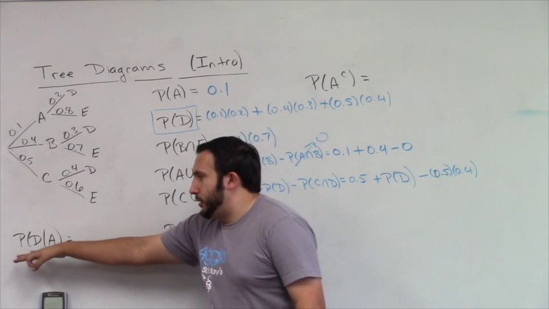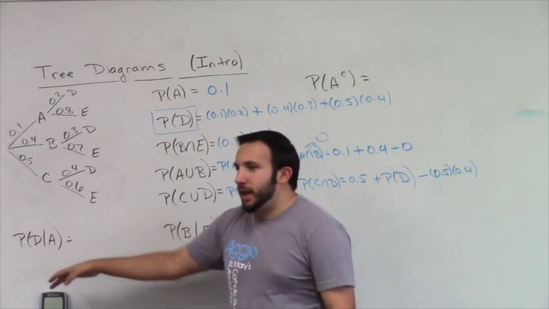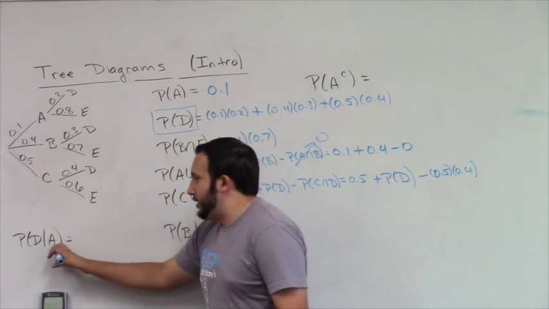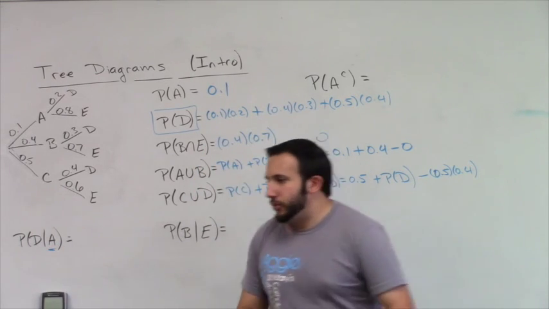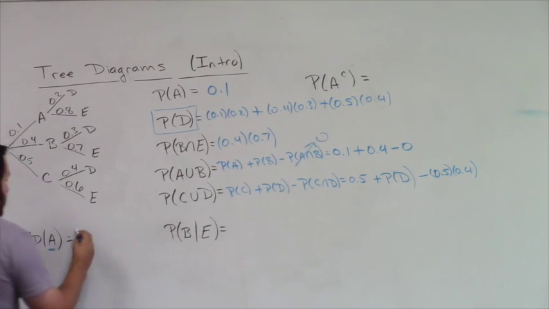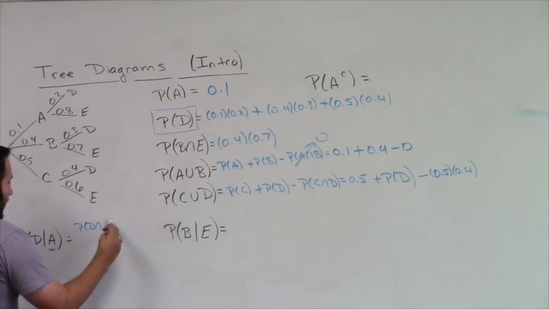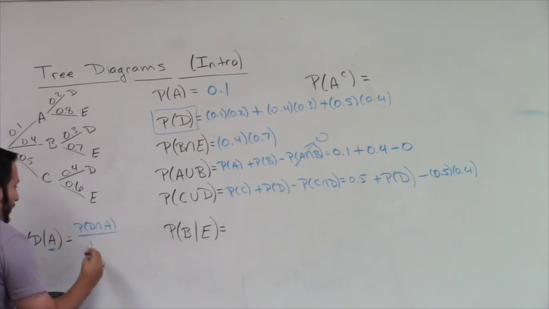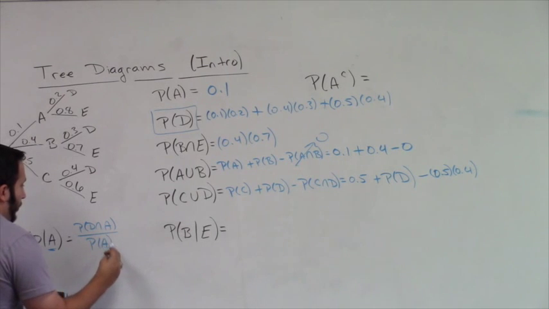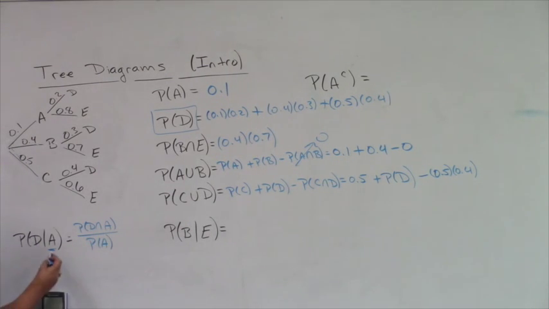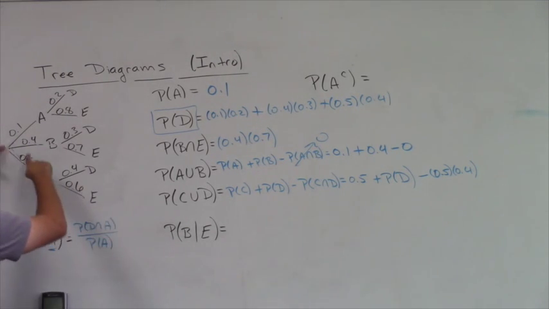If I want the probability of D given A, well, remember the second part, this is my sample space. This is going to be the probability of D intersected with A divided by the probability of A, right? The probability of my sample space. And so the probability of D intersected with A, you just multiply across.